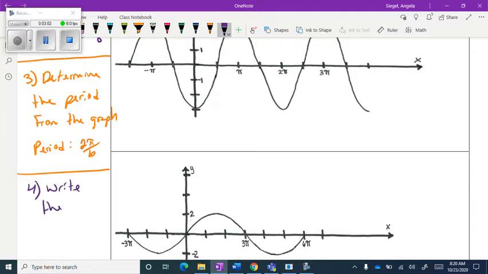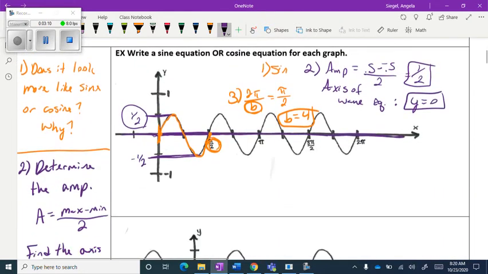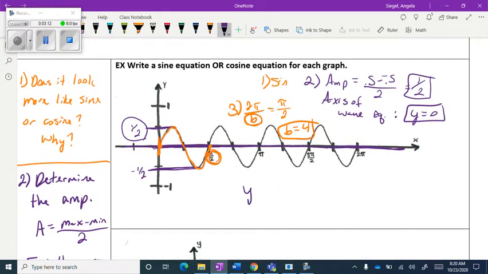So think about A, B, C, and D that we've talked about in our former lessons. We are going to pull from those here in a second. Okay, so y equals A sine of B times (x minus h) plus k. So we have our amplitude. We found that.